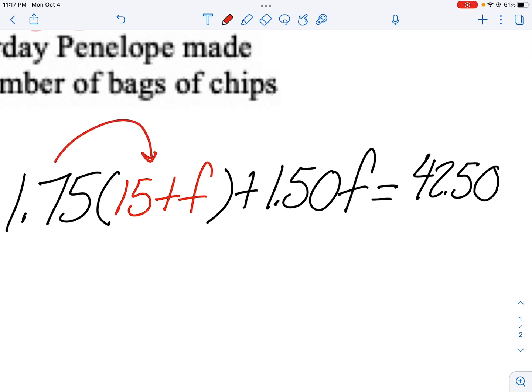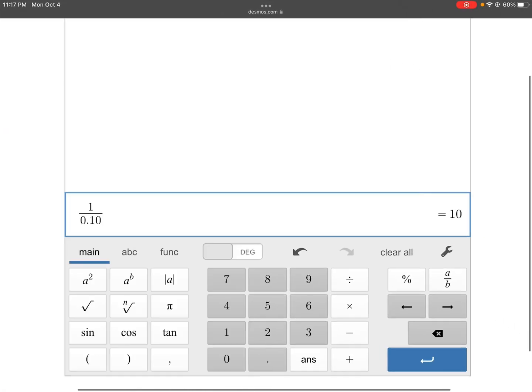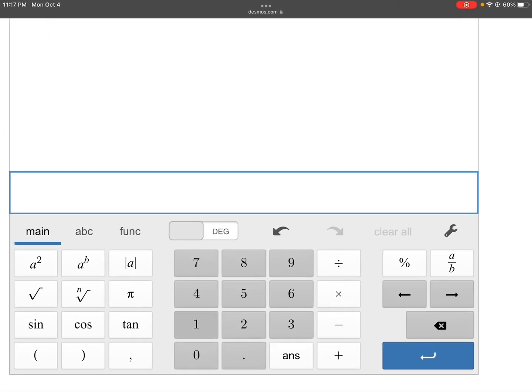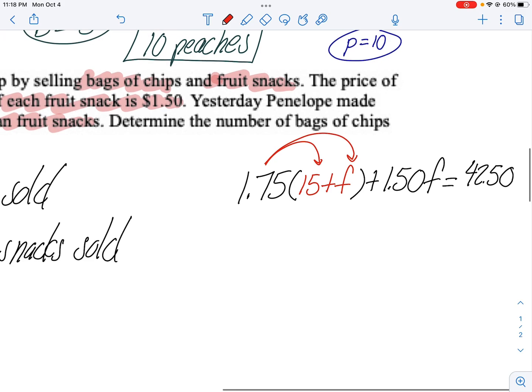So we're going to distribute, right? 1.75 times 15 is equal to 26.25. Okay.